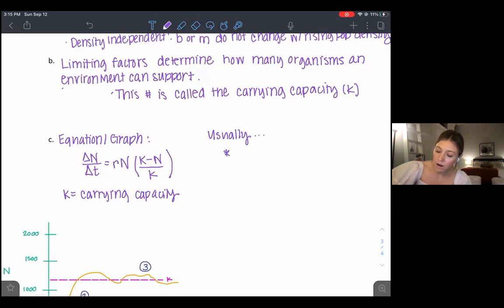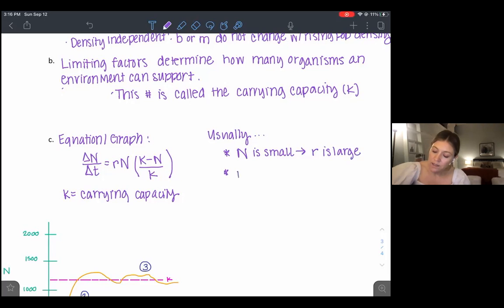Okay, when our N, or the number of organisms in our population, is small, typically that means our per capita rate of increase is going to be pretty large.